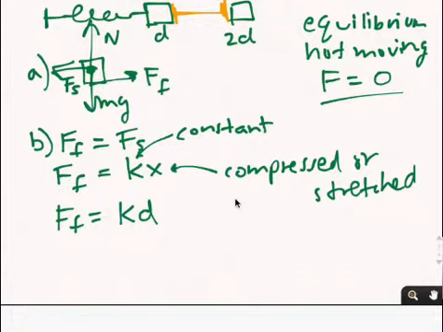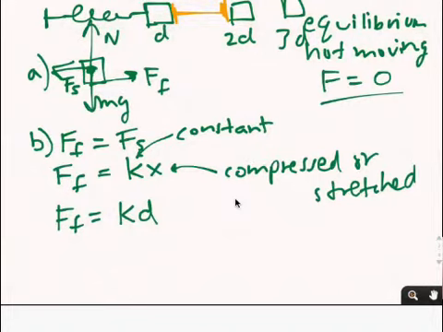Then part C, now it's been stretched to 3D. And it wants to know what the value of mu sub s is. So now it's sliding.